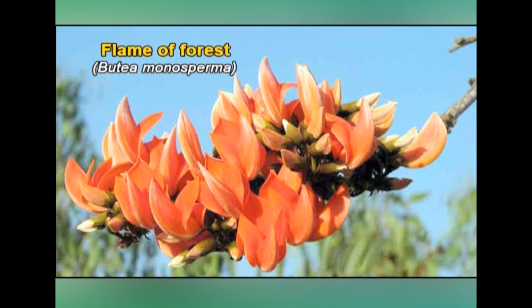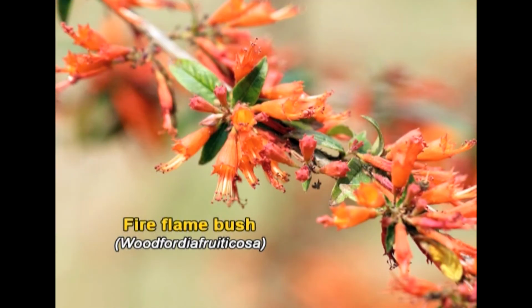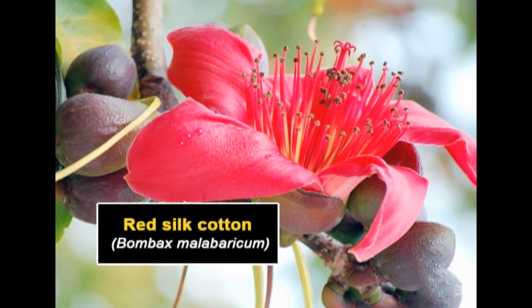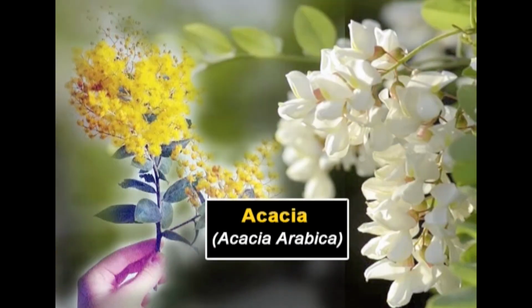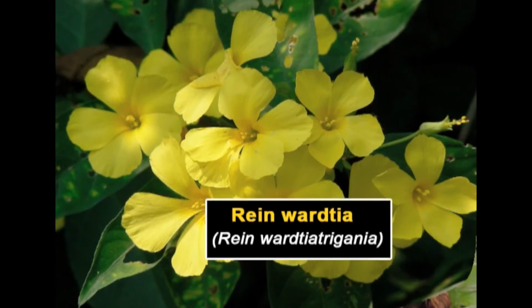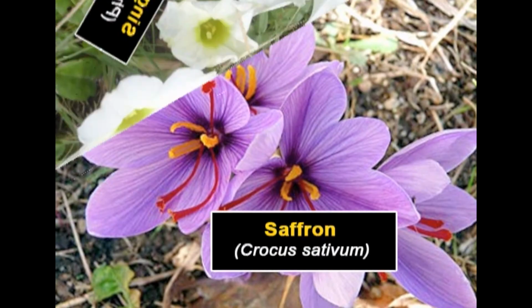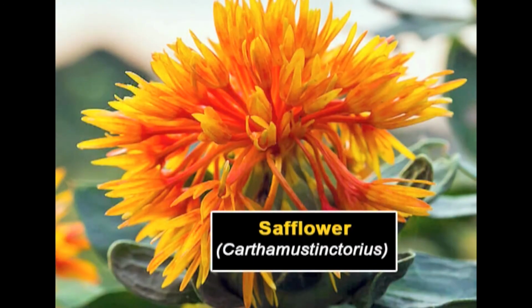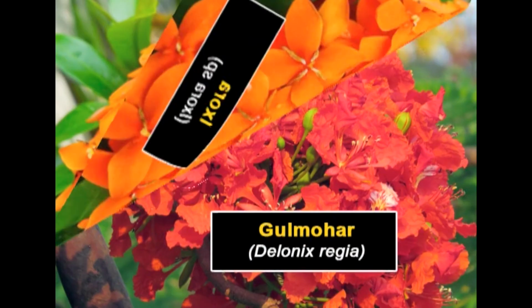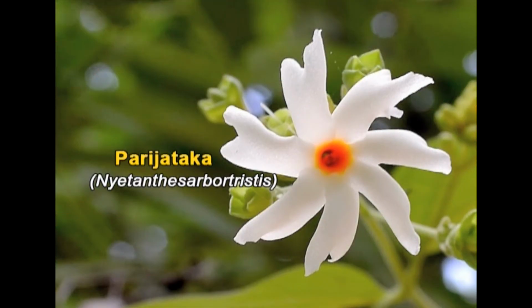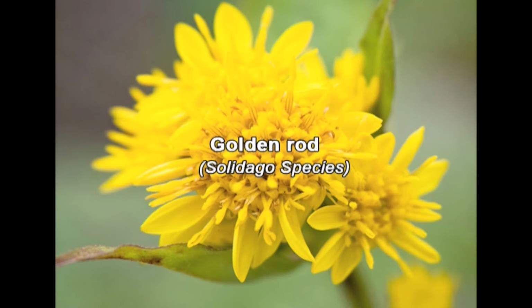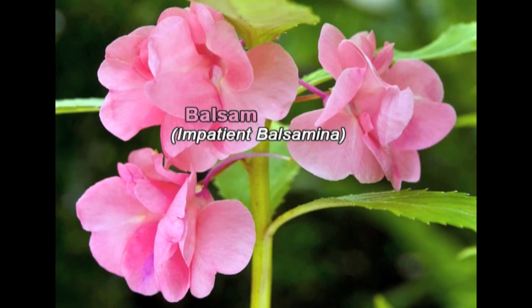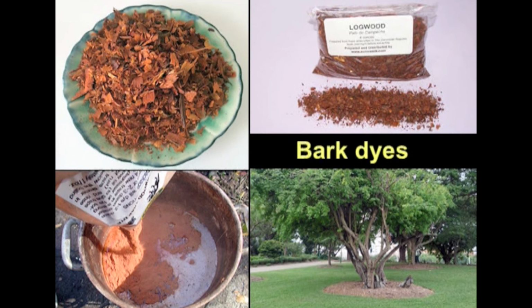Examples here are flame of forest, fire flame bush, red silk cotton, marigold, cosmos, acacia, rain vadita, singapushpi, saffron, safflower, ixora, gulmohar, parijataka, dahlia, goldenrod, balsam and others.